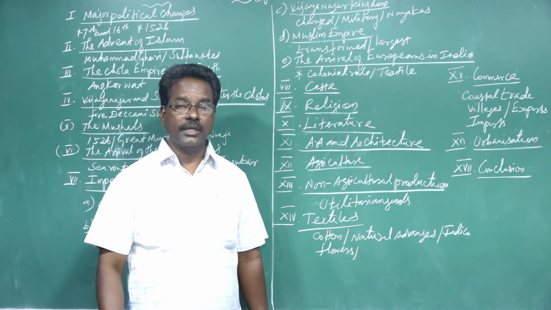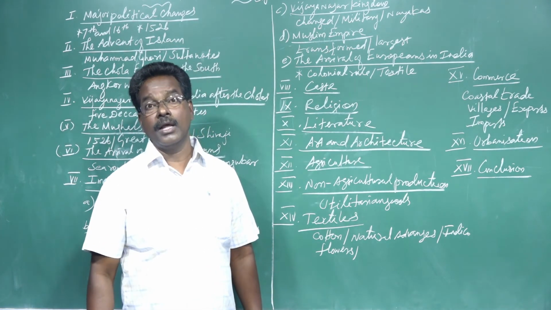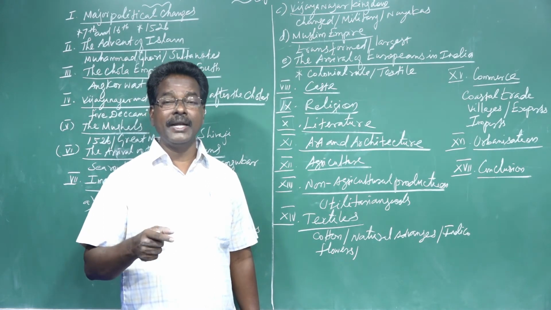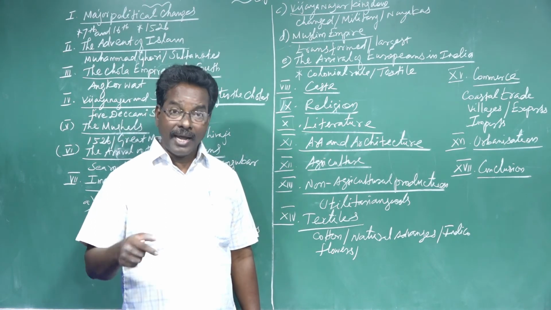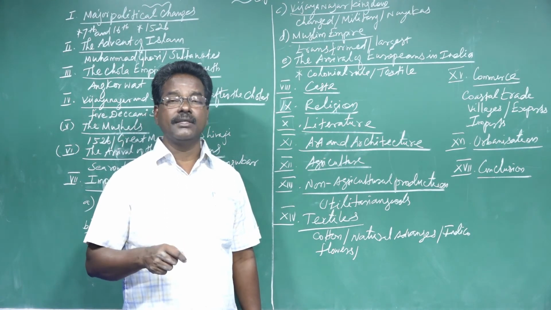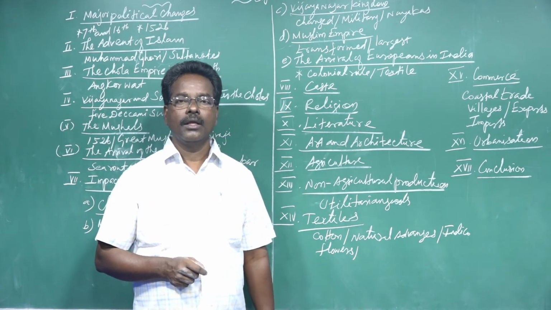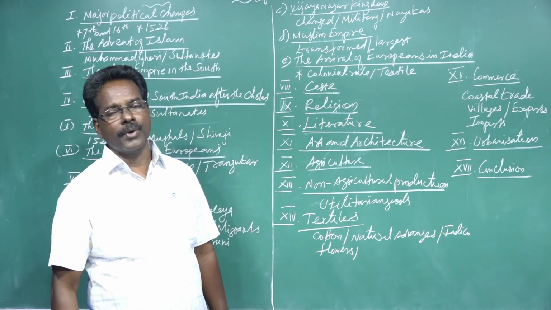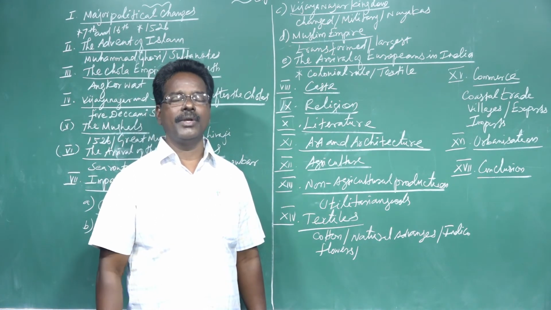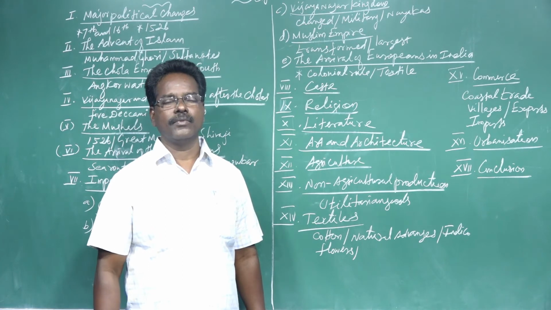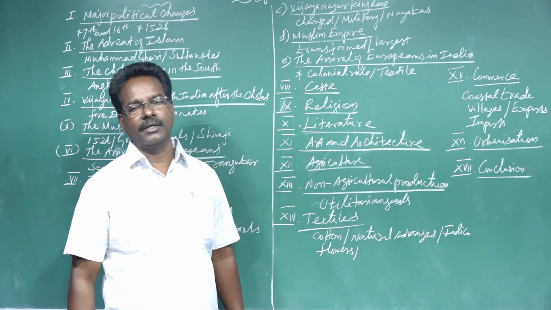Agriculture includes both cattle farming and plants. Animals provide milk, meat and skin products. Crops and plants provide fruits, vegetables, grains, grams, pulses. In this system, we practice subsistence farming, commercial farming, plantation farming, single cropping, dual cropping, multiple cropping, and crop rotation.